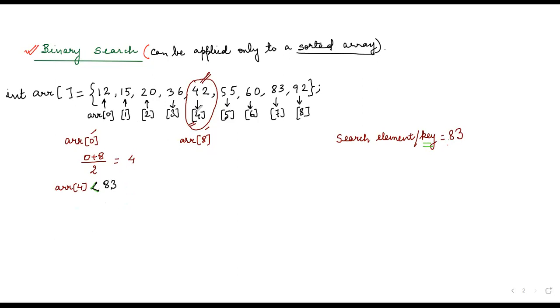Means the middle element is being compared to the search element, and it is being tested whether ARR4 is less than the search element or greater than the search element. So ARR4 is less than 83 and this condition is true, yes, because ARR4 is 42 and 42 is definitely less than 83.